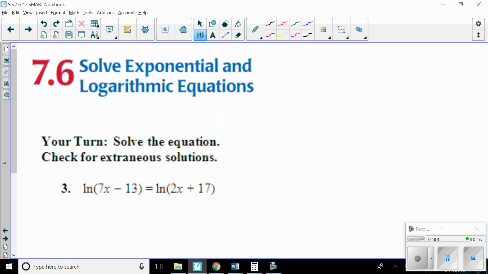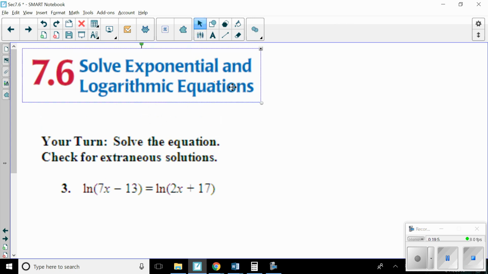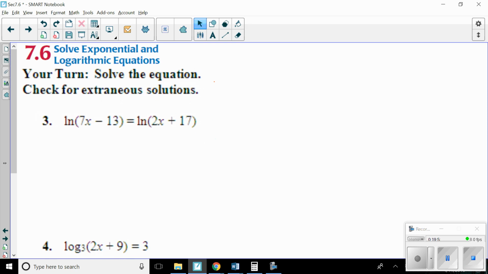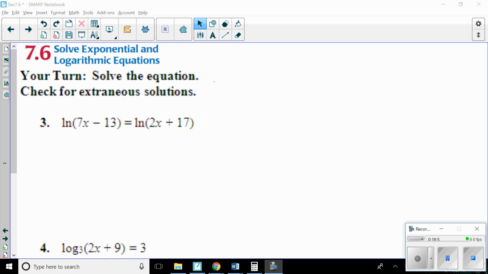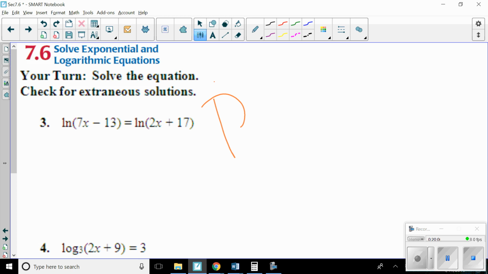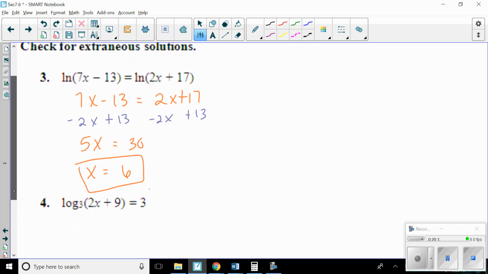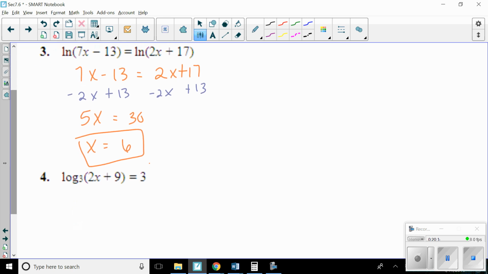All right, so here's a few more problems. Please try these ones on your own, and you can pause the video while you work, and then unpause for the solution. So in our first example, we have x equals 6, and that's by using the logarithmic equality property.